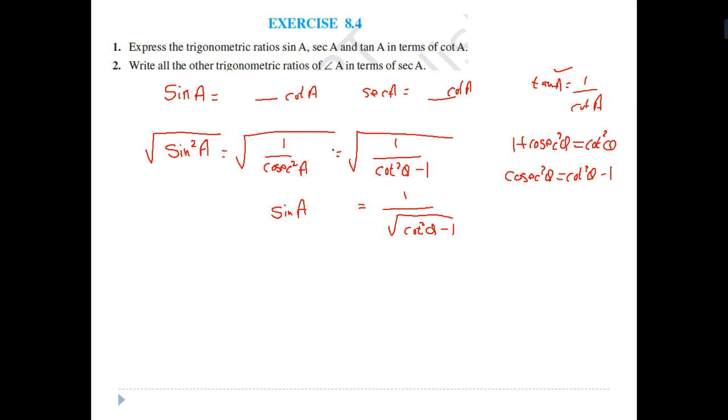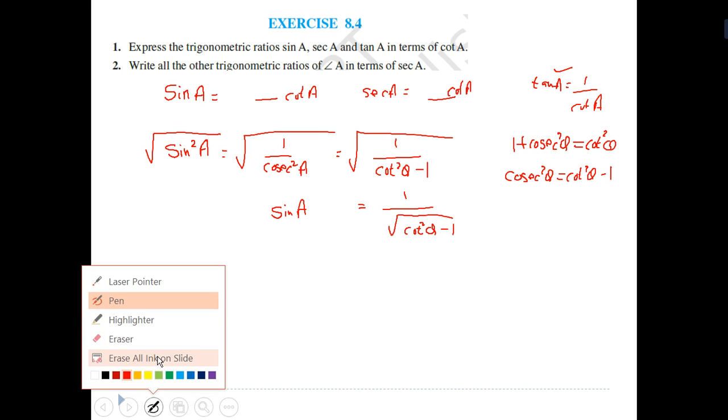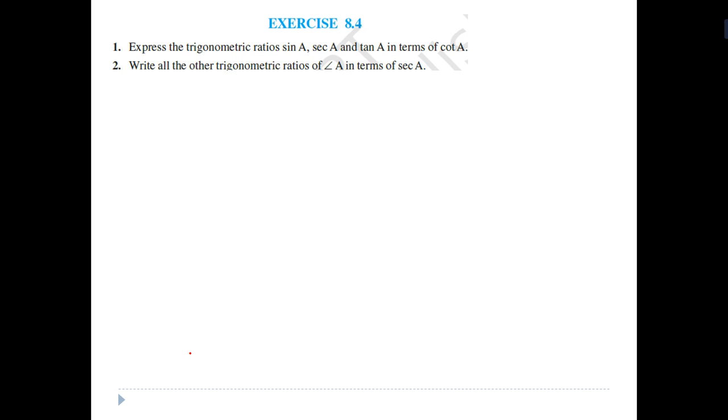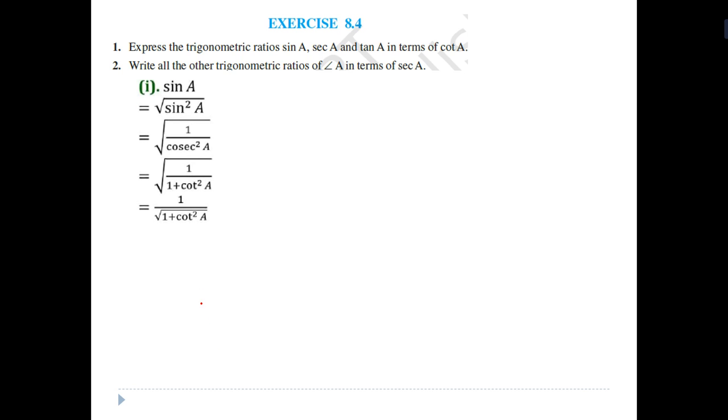Same thing we want to do to get sec. That is the first one, we clear it. Let me check whether what we are explaining is correct or not.